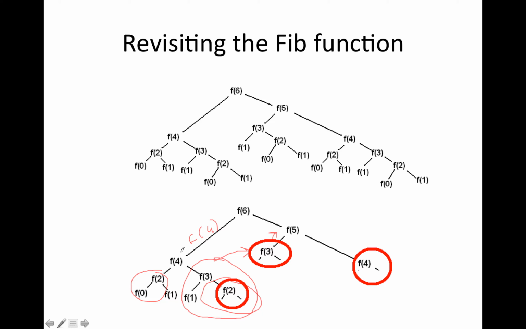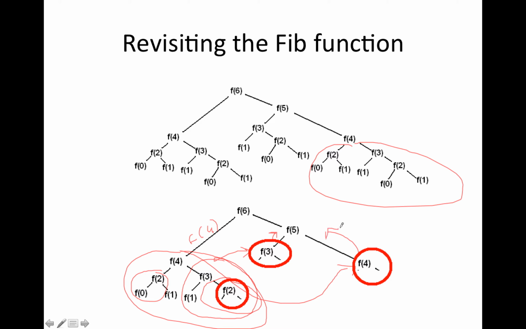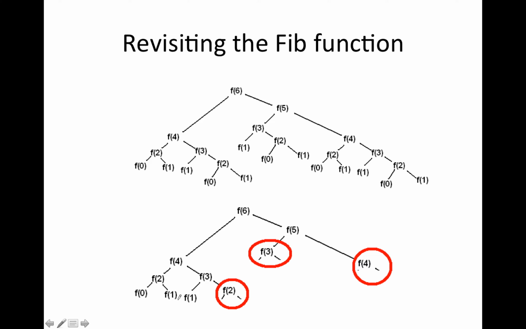But f of 4 again had already been calculated here. So again, we can instantly reuse this value instead of going through this entire subtree. As you can see, except for a few numbers here at the lower end, most numbers are calculated just once.